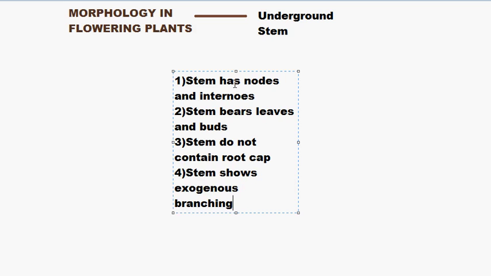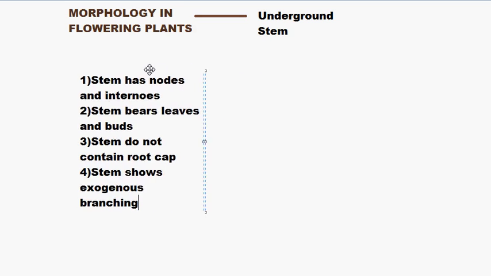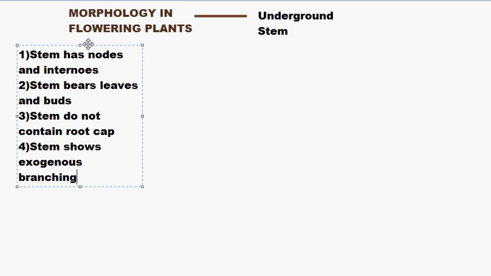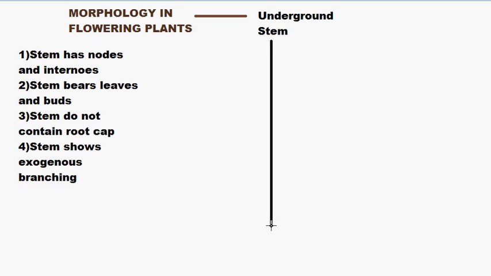Pretty well. So that was the difference between an underground stem and a root. Now let us dive into the classification of the underground stem. We can find that the underground stem can be classified into 5 types. What are those 5 types? Let us list them first.